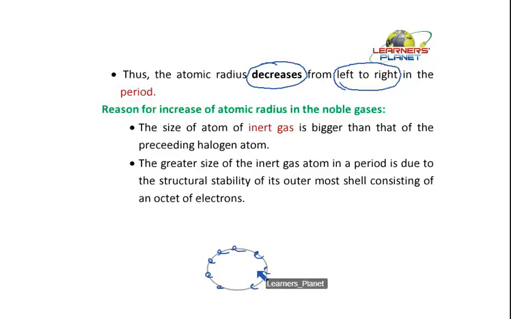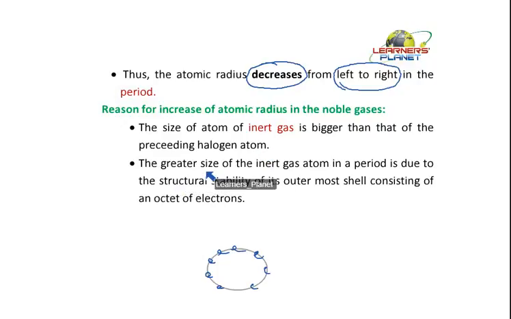Now due to this repulsion and its structural stability, the radius increases. So the size of the atom of an inert gas is bigger than that of the preceding halogen atom. Why?